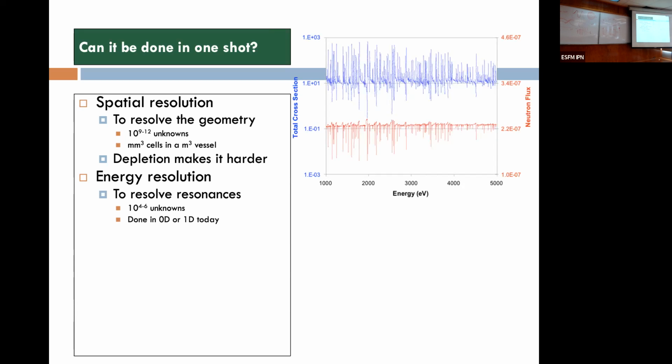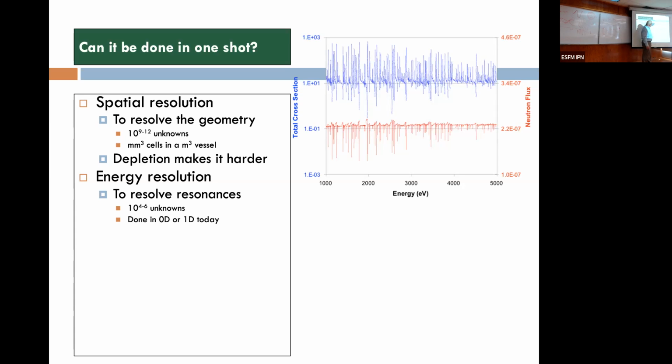When we look at energy, the people online saw this picture before. This is from 1,000 to 5,000 electron volts. This is the total cross-section of uranium-238. If you have a material that has some uranium-238 in it, then this would be that cross-section, and the neutron flux, so your weighting function would be some average of this with all of its complexity to create some weighted average.